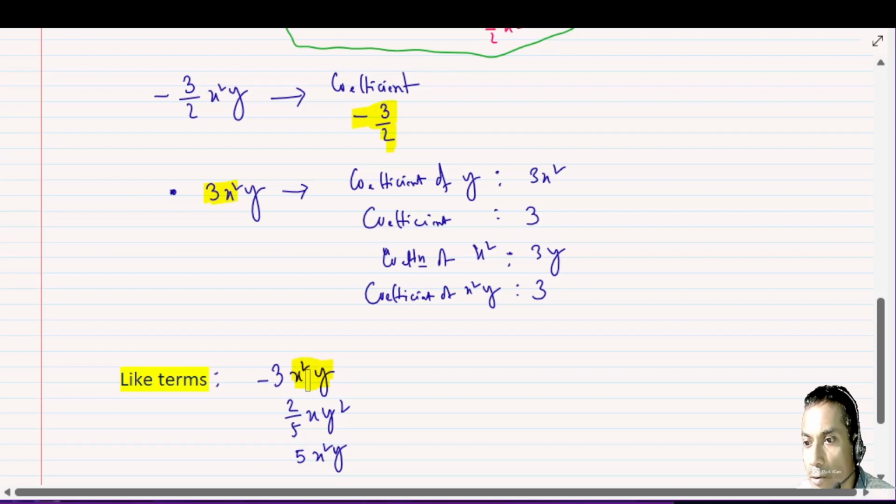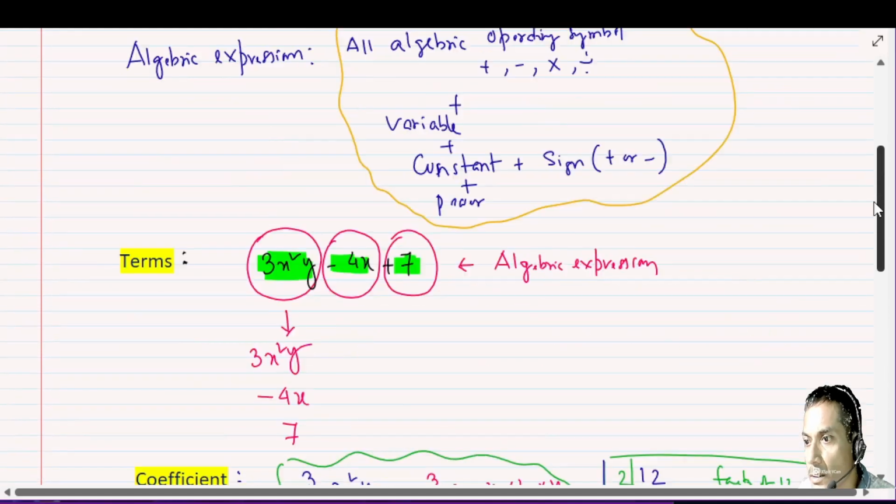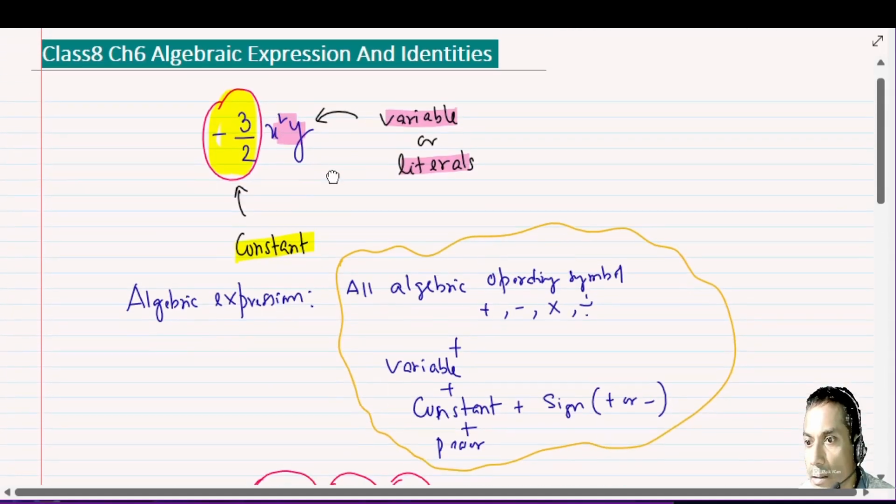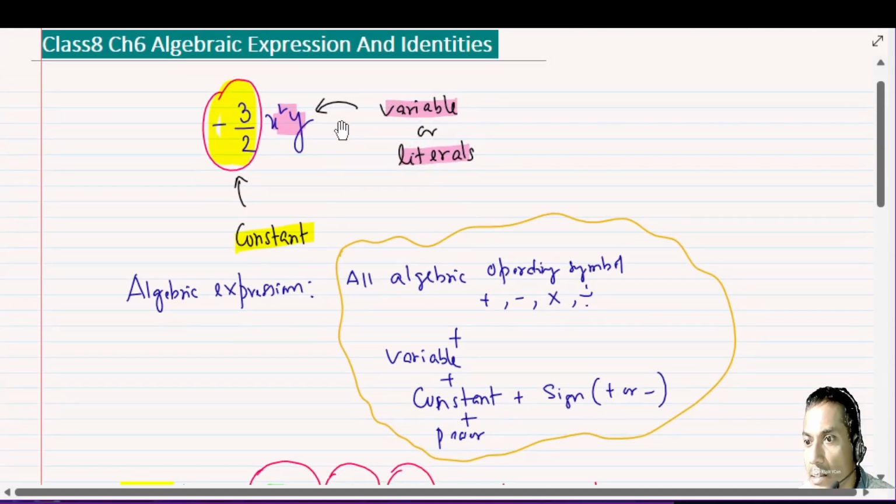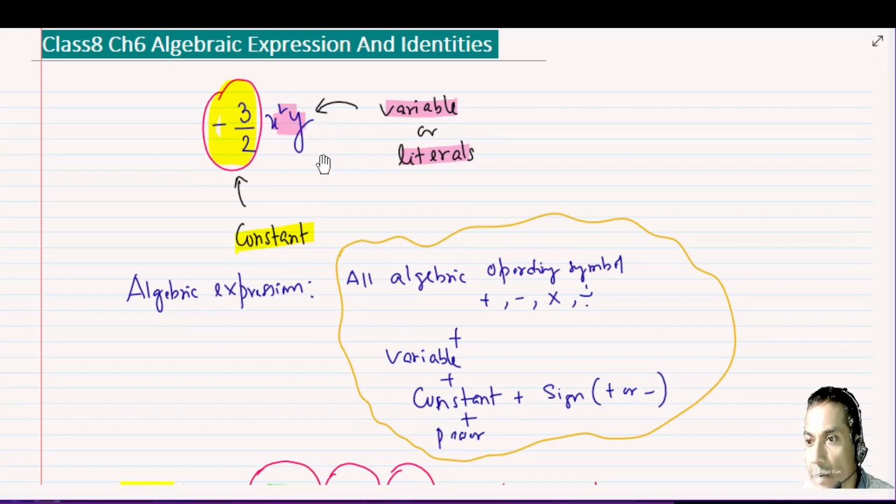Okay, so this thing we already discussed. What is the variable part? Here, this is the variable part, x square y. X square y is the literal or the variable part.